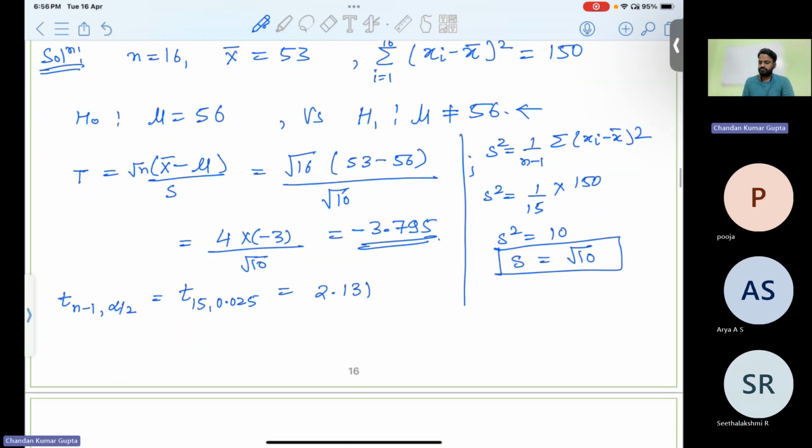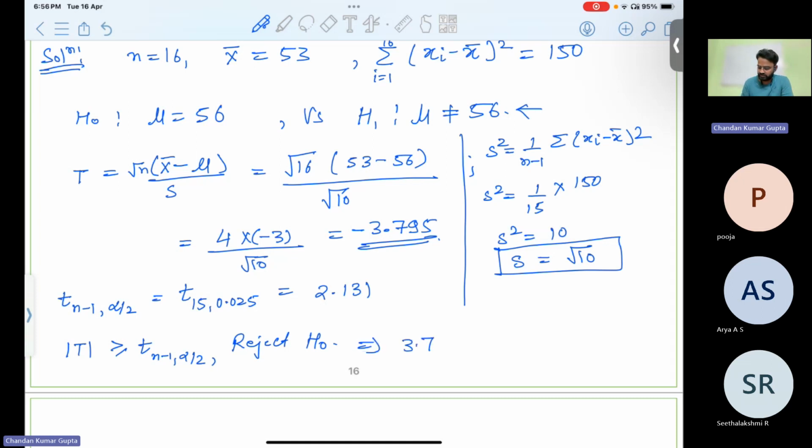Now if the modulus of T is greater than or equal to the T value, then we reject H naught. So the modulus value is 3.795, and that means H naught is rejected.